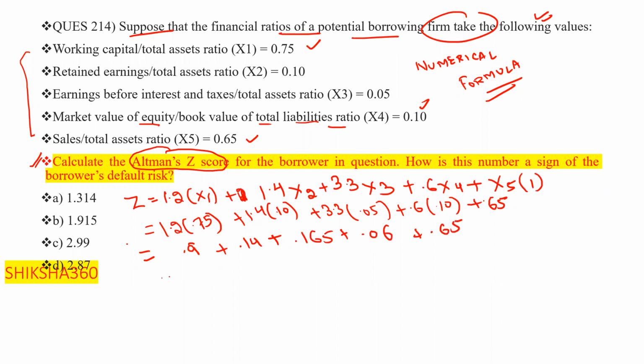Okay, so when we add all these factors, 0.9 plus 0.14 plus 0.165 plus 0.06 plus 0.65, we get 1.915. So option number B is the answer.